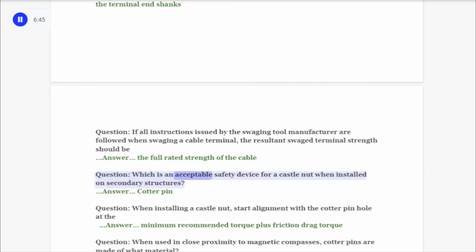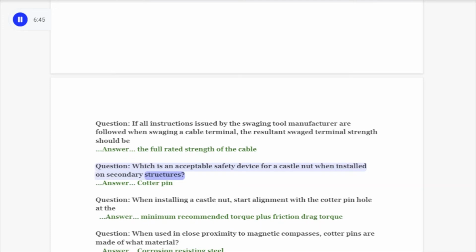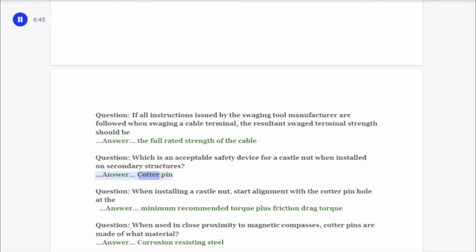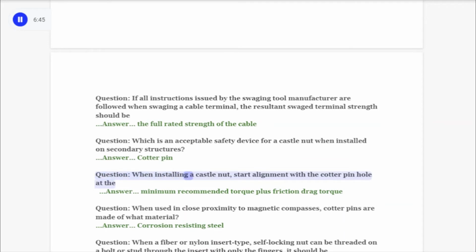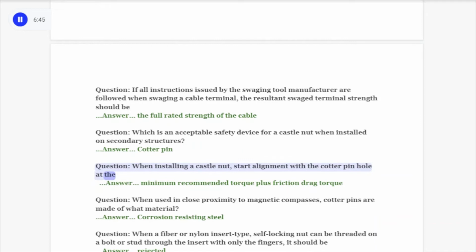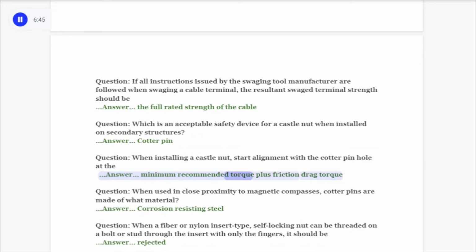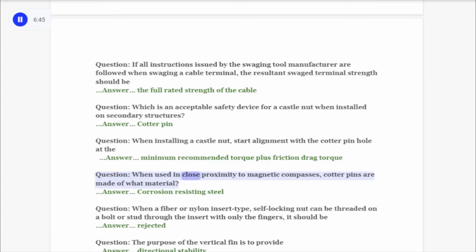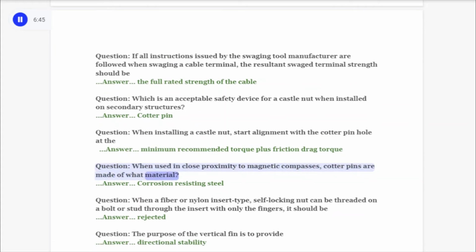Question: which is an acceptable safety device for a castle nut when installed on secondary structures? Answer: cotter pin. Question: when installing a castle nut, start alignment with the cotter pin hole at the... Answer: minimum recommended torque plus friction drag torque. Question: when used in close proximity to magnetic compasses, cotter pins are made of what material?